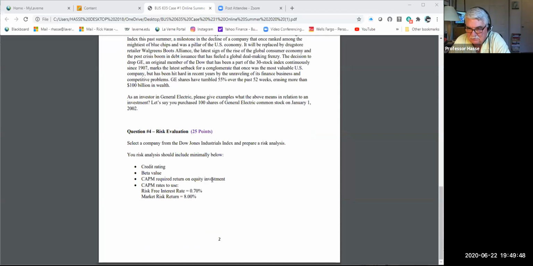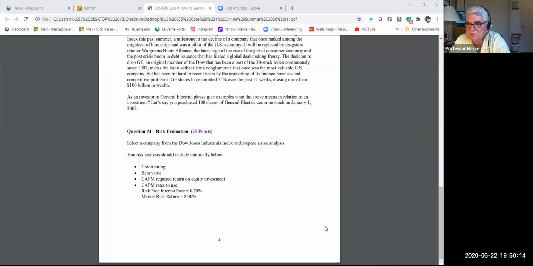Remember, we looked at that last week. It's in chapter 6, and we looked at it again tonight. I'm giving you the risk-free interest rate, and I'm giving you the market rate of return. You have to find the beta of the company that you select and tell me what is its required return on investment. What is its capital asset pricing model percentage?